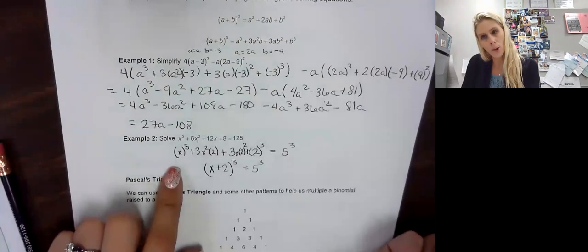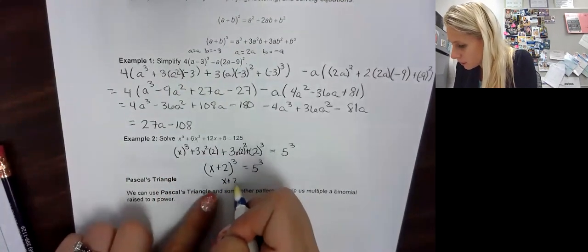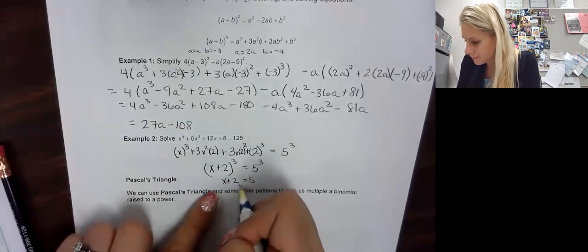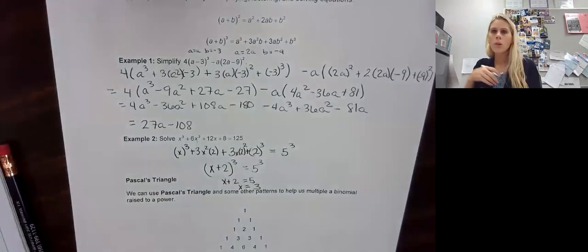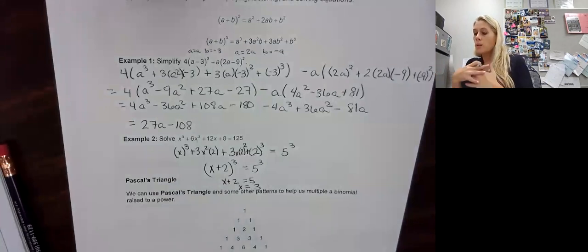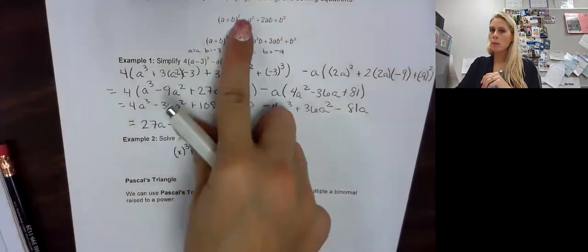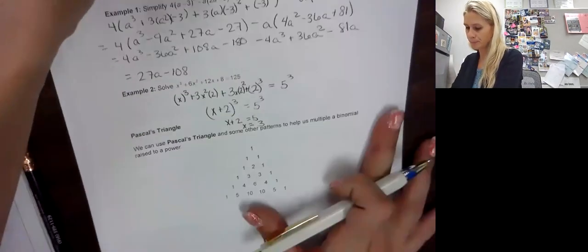How do you get rid of a cube? Cube root it, giving us x plus 2 equals 5. So x equals 3. So those are two ways that we can use some common binomial expansions, especially common ones that come up the most, which is our squared and our cubic, okay?